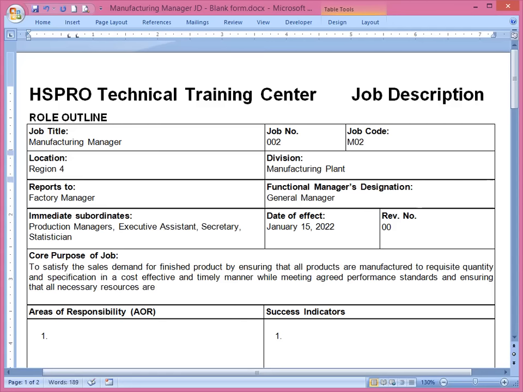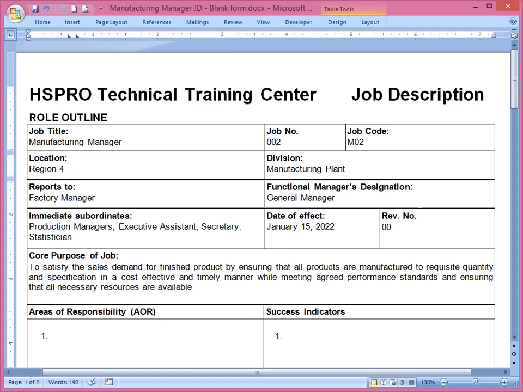You need all those resources in order to accomplish the core purpose of job, are available. So there's a lot of planning activities when you're talking about manufacturing, production, and there is also a dedicated department for planning, like we call it IPPC, Inventory planning and production control. Very critical function supporting the manufacturing.